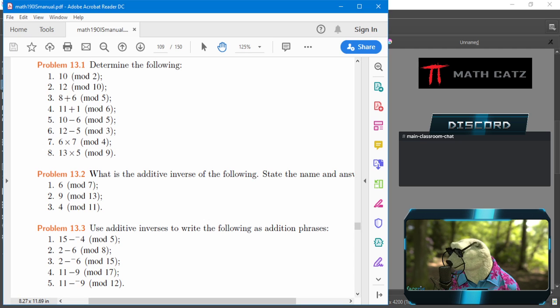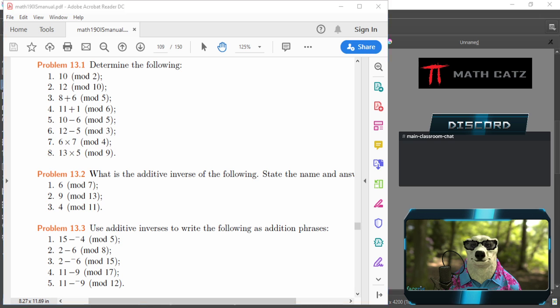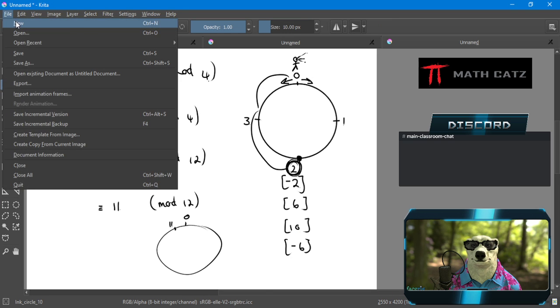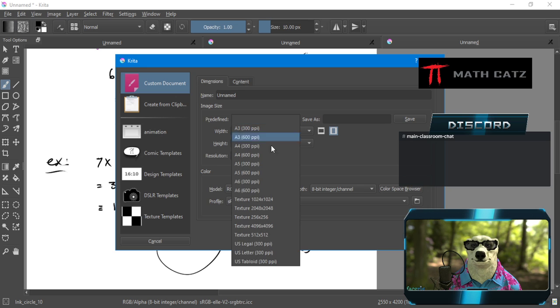So what have I missed here? So 13.2 is not yet done. We've done 13.1 style questions. Okay. So what do we do with an additive inverse concept?